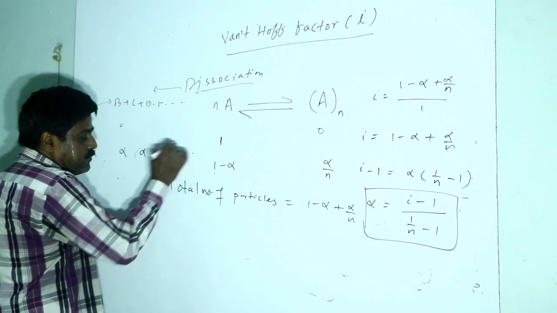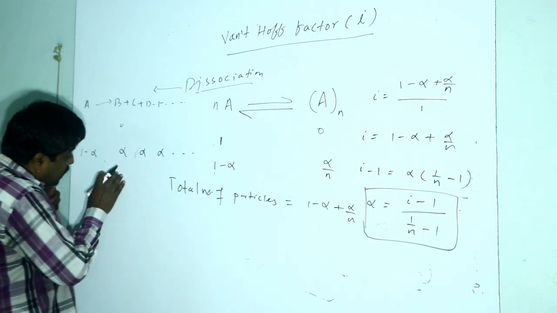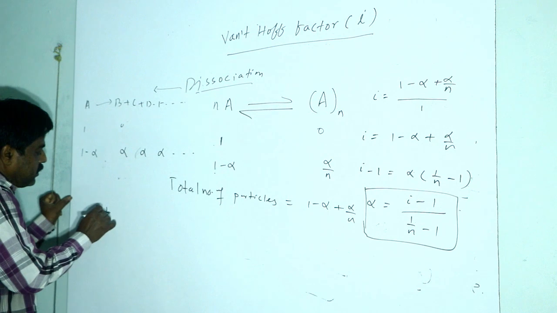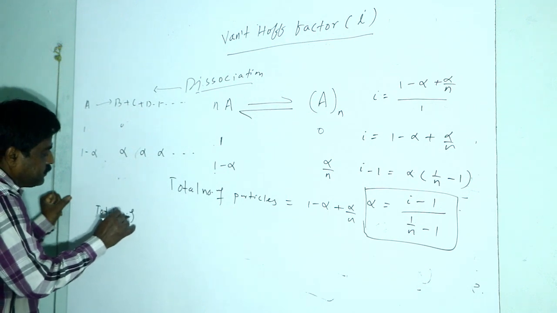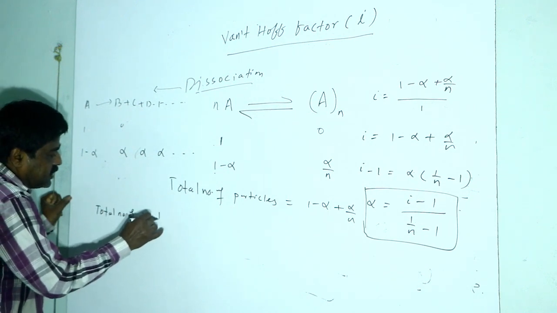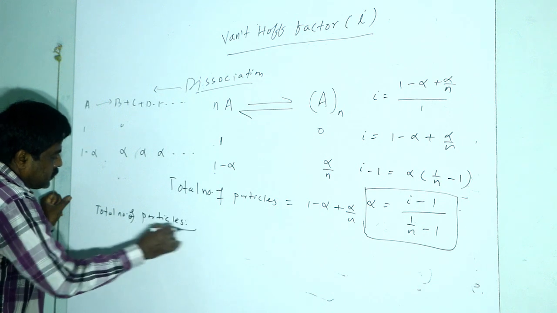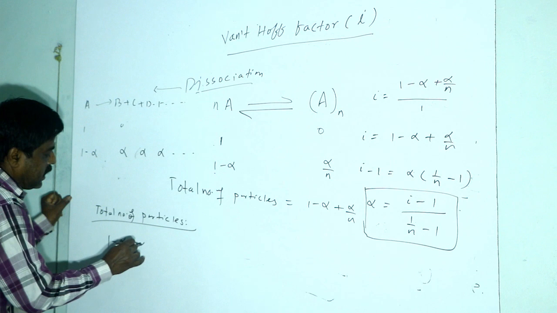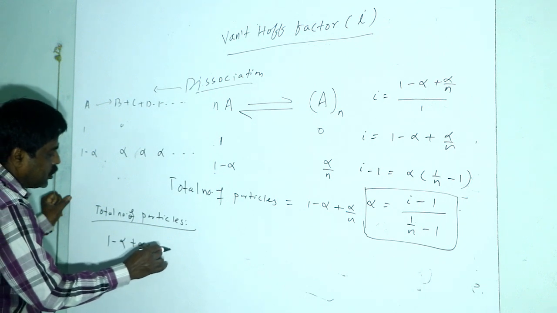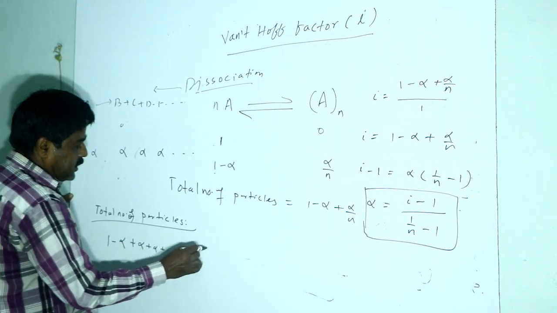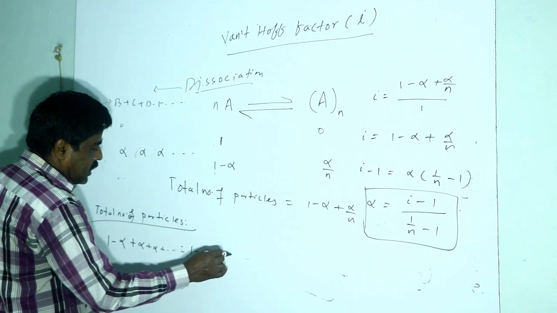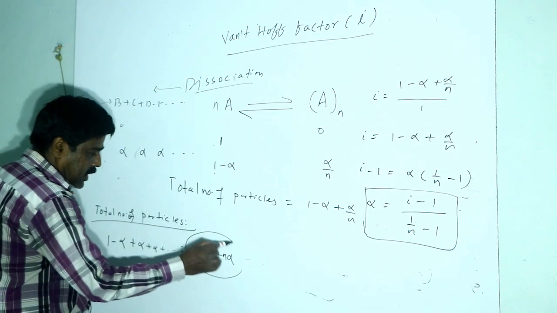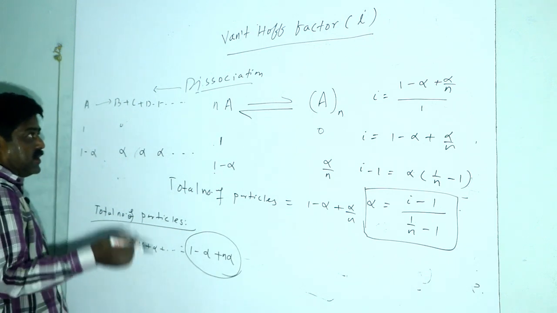So the total number of particles present in the solution will be 1 minus alpha plus alpha plus alpha plus and so on, which is 1 minus alpha plus n alpha. This is the total number of particles present in the solution.